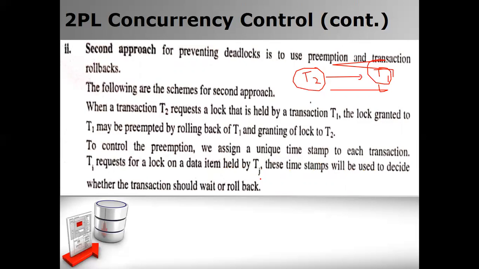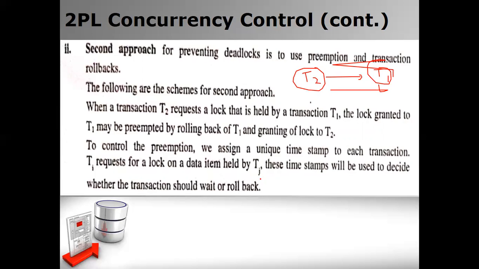Because if we directly preempt any of the transactions, how is it going to be decided whether it is the old transaction or the younger transaction? Generally, when you stand in a queue, whoever is standing first gets the first chance to purchase something, like going to a big bazaar and standing in a queue to buy some items.